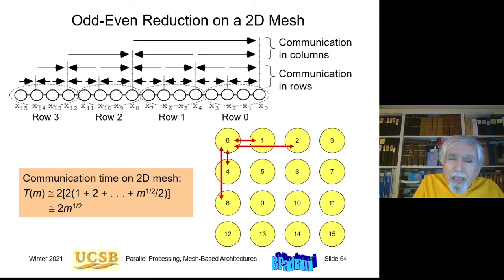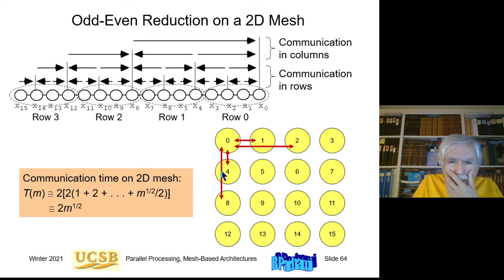Okay. Now, if you do the odd-even reduction on a 2-dimensional mesh, you can achieve better speedup. So here I've shown, basically I map this linear array of 16 processors onto a 4 by 4 mesh. So this is the original numbering: 0, 1, 2, 3, 4, 5, 6, 7, 8, 9, 10, 11, 12, 13, 14, 15.